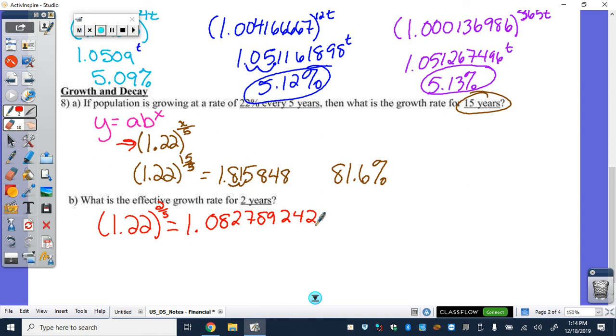So again, let's go nearest tenth. What would be our percentage? 8.3%. So from the beginning to 2 years later, the population grew by 8.3%.